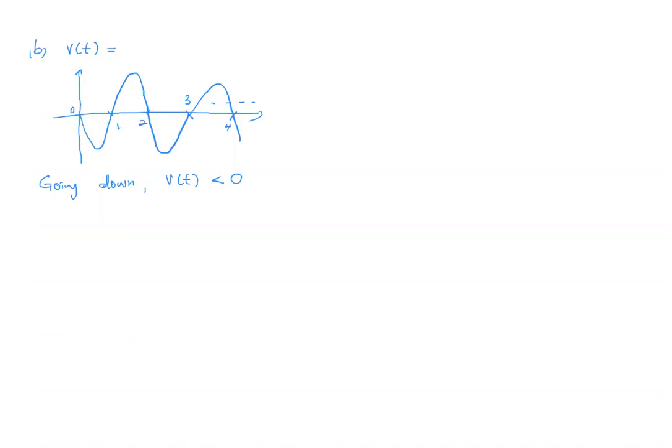So I have this 0 to 1. The next one is 2 to 3. Then the next one is 4 to 5. And you continue.